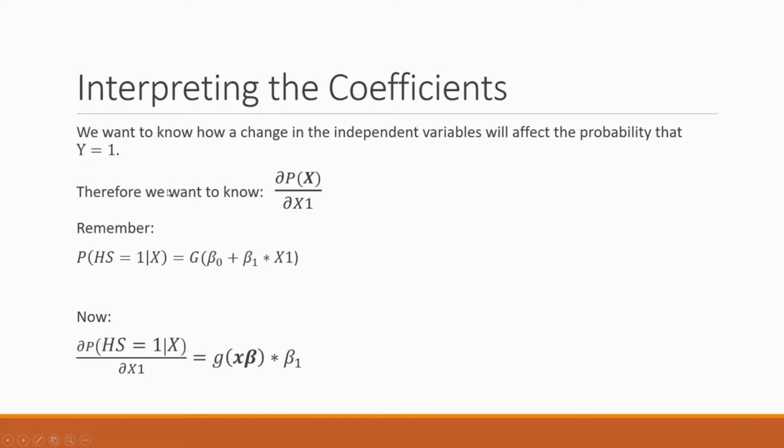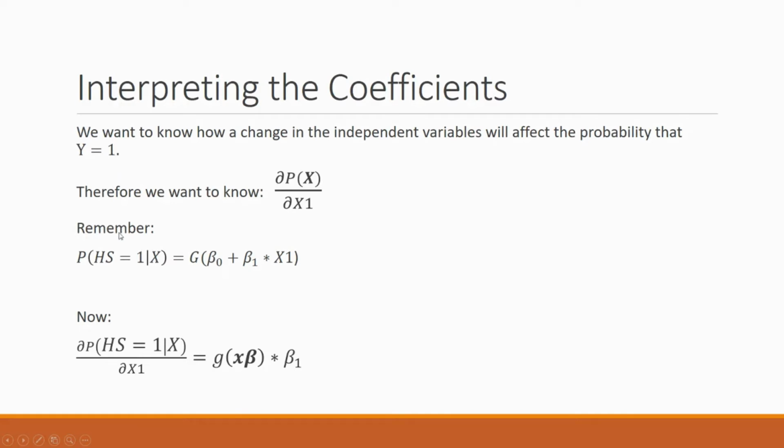So basically, we want to know the derivative of the probability. The probability that y equals 1 is a function of x, given a change in the independent variable. That's what we want our coefficient to tell us.